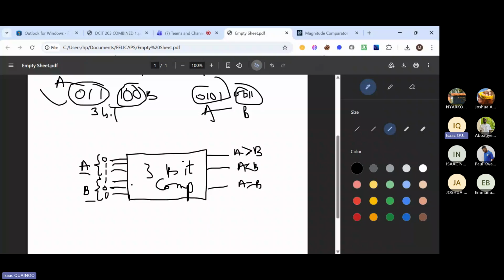So it basically takes two inputs in a form A and B, and then returns a comparison output in the form A greater than B, A less than B, and then A equal to B. Please, are we all okay with this? So that we move on from here.